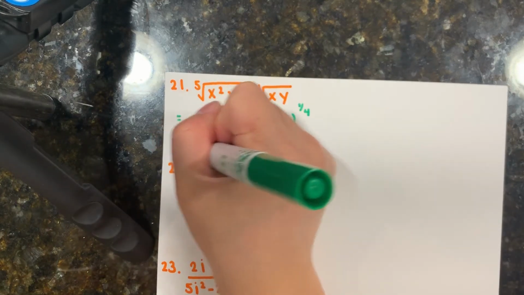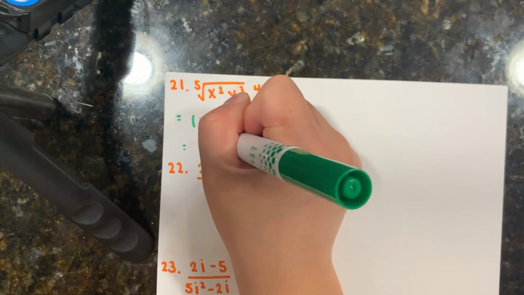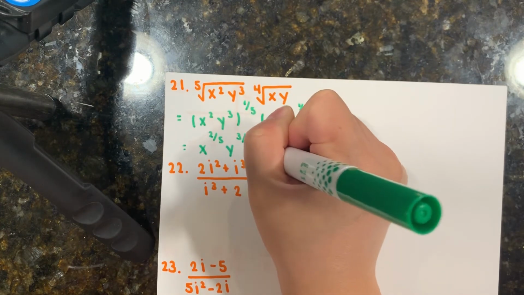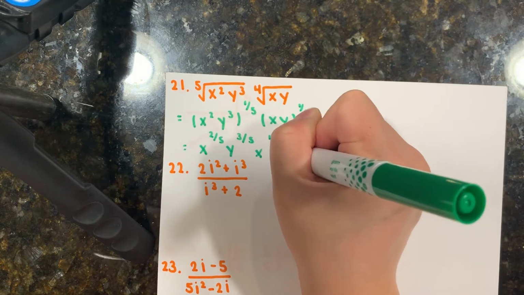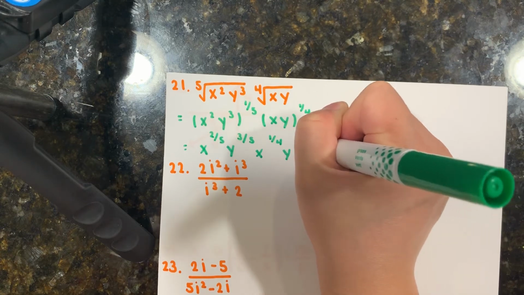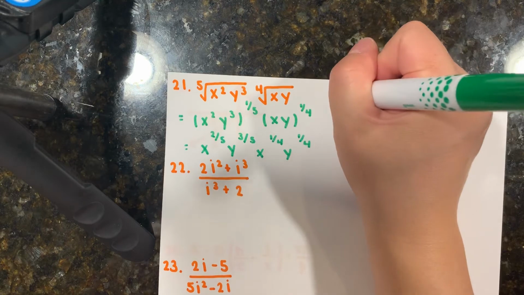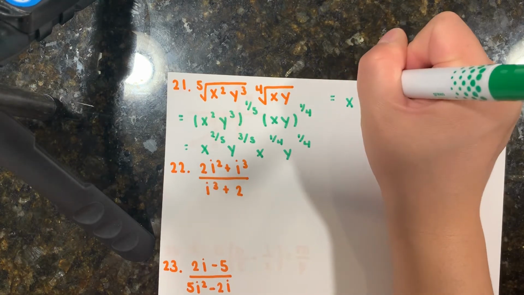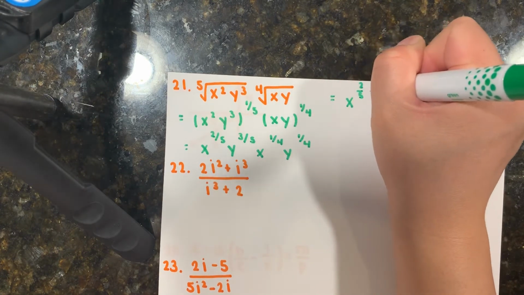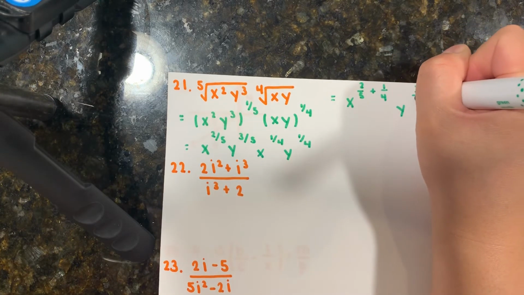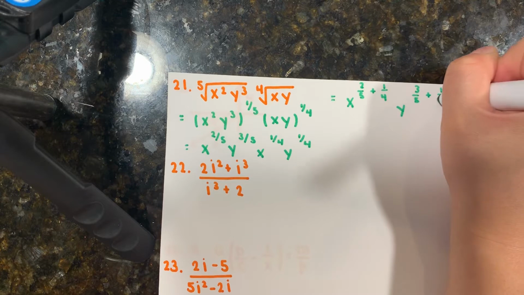We're going to distribute that, so that would be x to the 2/5, y to the 3/5, x to the 1/4, y to the 1/4. Now you're just adding fractions. So this would be x to the 2/5 plus 1/4, and then y to the 3/5 plus 1/4.